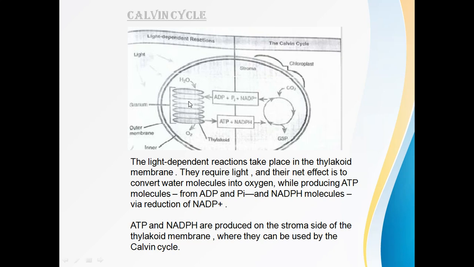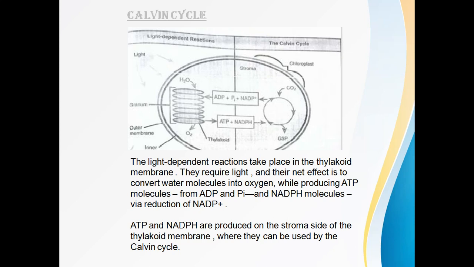In the chloroplast, we have disc-like structures. These disc-like structures are called thylakoids. Here you can see thylakoids present in the chloroplast, in the mesophyll cells of the leaf.